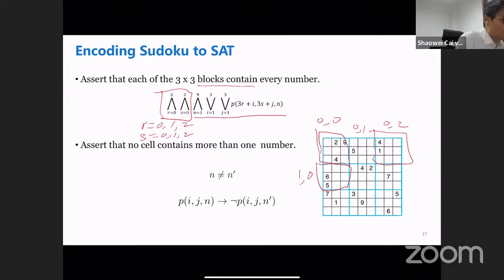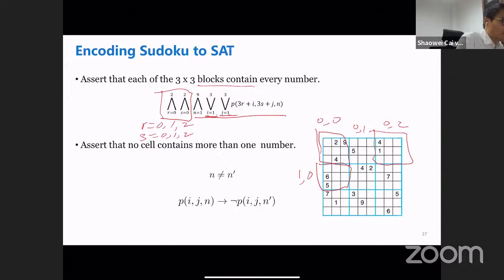And the remaining part talks about the same block. Because we have 3 lines and 3 columns, each number must appear in at least one of these 9 cells.